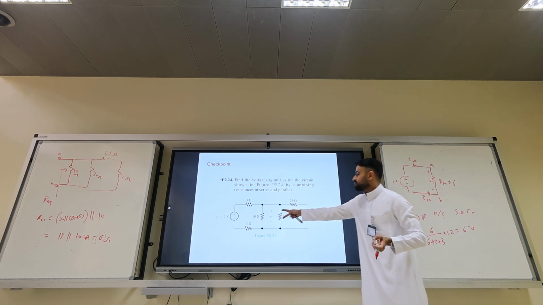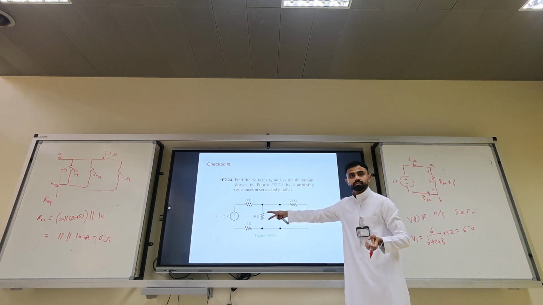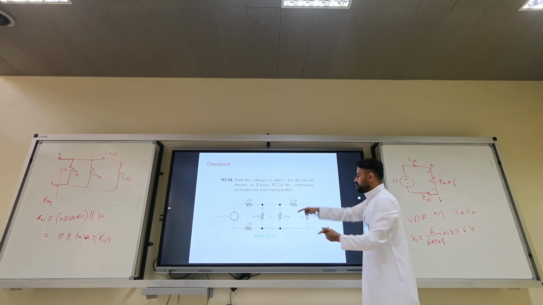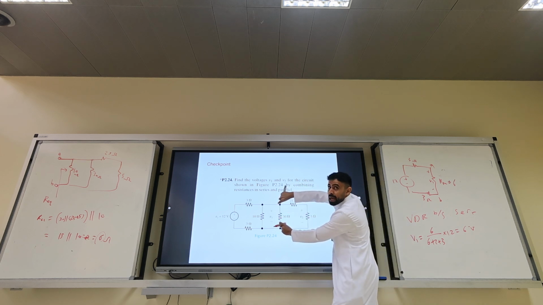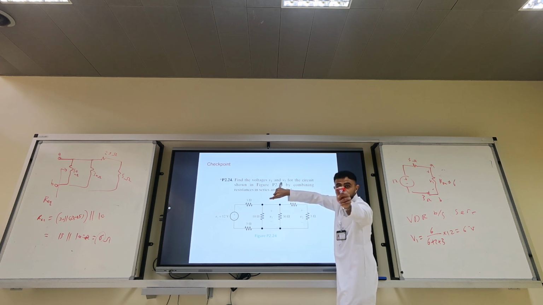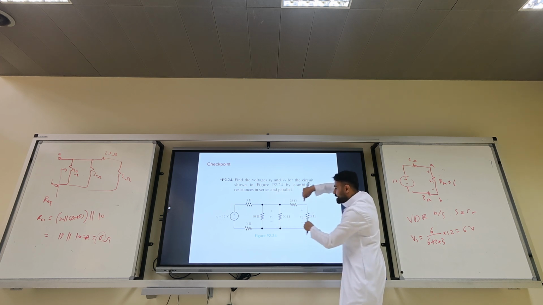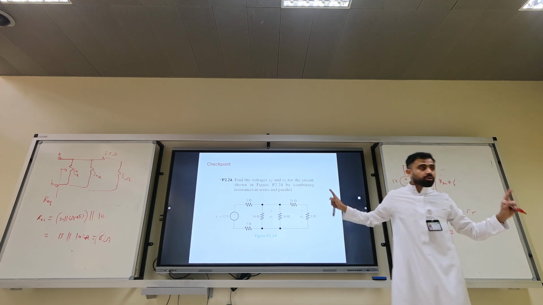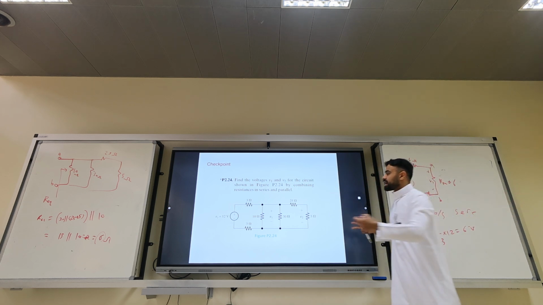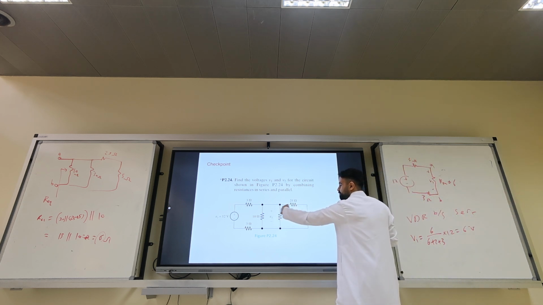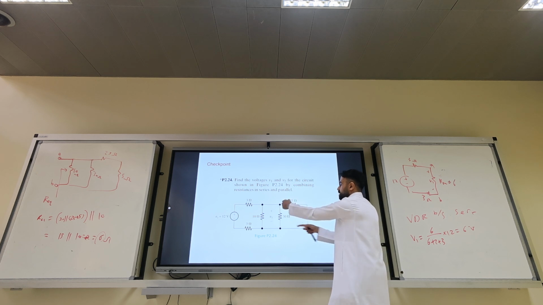So I know this is 6 volts. I know here we have 6 volts appearing. Focus. How to get V2 without calculating the current is I need to take the circuit, and I know here it's V1.